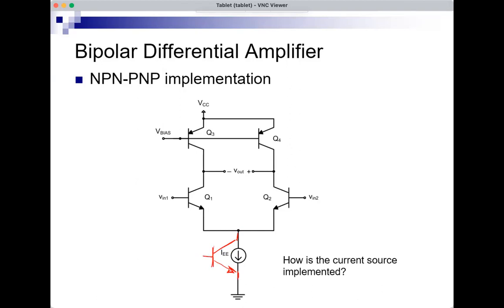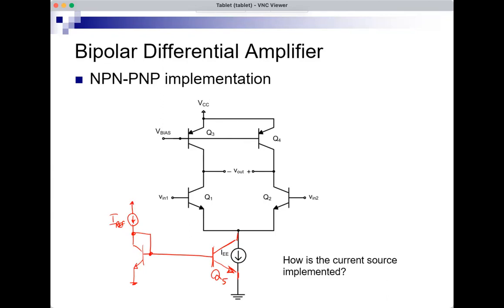And this BJT would be mirroring another one here that has some reference current flowing in its collector. So this is maybe a golden reference that I have, and I will just mirror it using this Q5. So Q5 would mirror IRF and implement IEE.